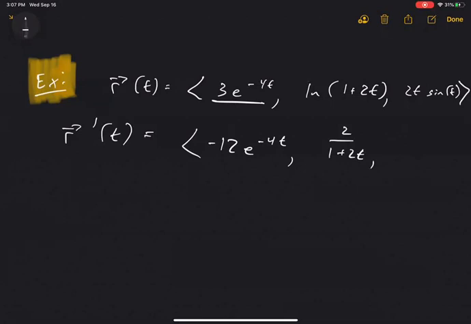All right, third component. This is where knowing the rules of differentiation can help us. This is product rule, right? So be careful.